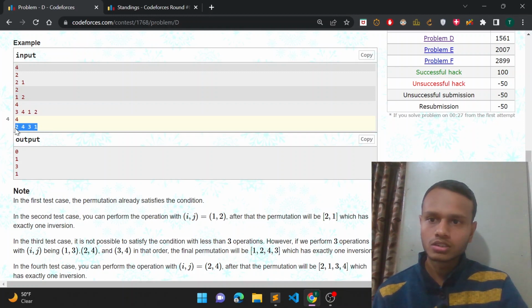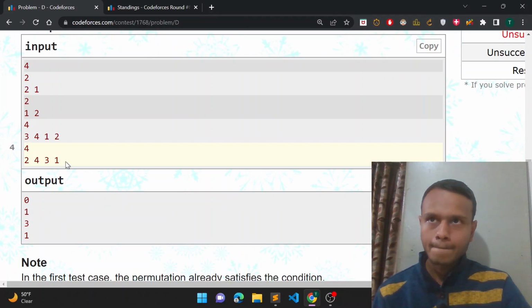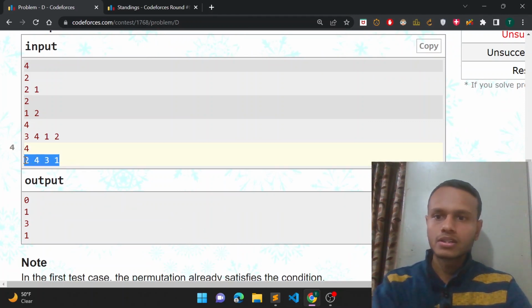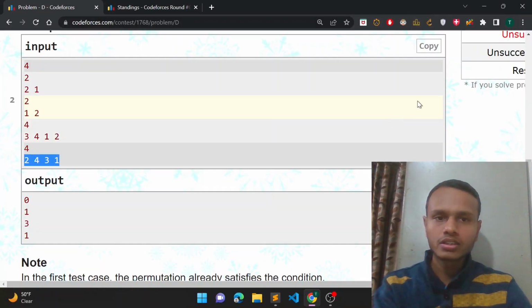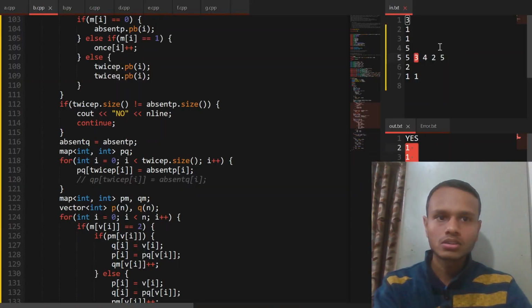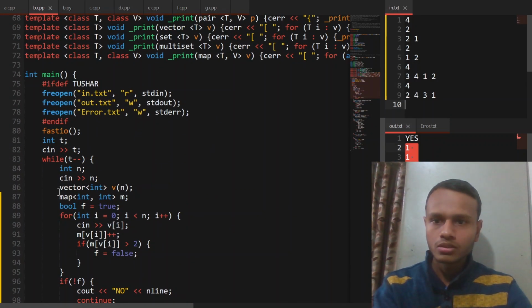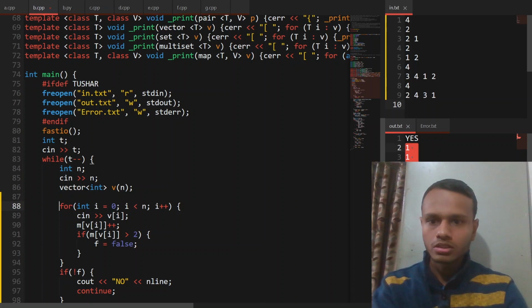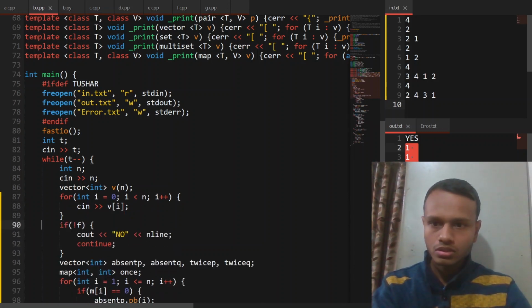So in this case only, if I'm saying what the optimal answer would look like, let's copy this. I think taking input in this case is not a big deal. We are just inputting n elements. We don't need this thing.